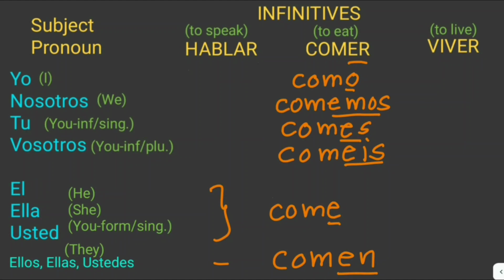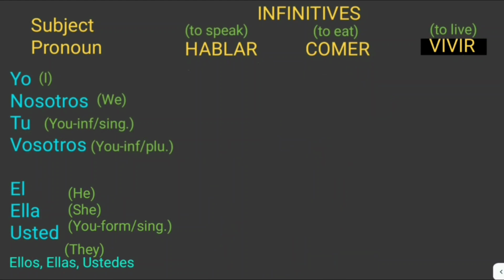So now let's conjugate the verb vivir. Vivir means to live. So vivir here ends with ir. In conjugating the word vivir, we just have to replace the ending ir, depending on the subject pronouns that we use.